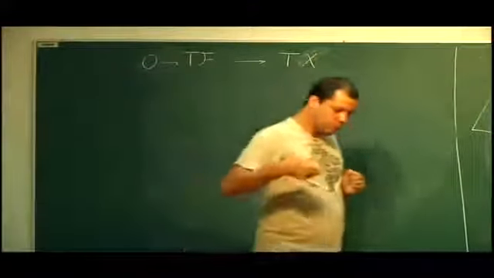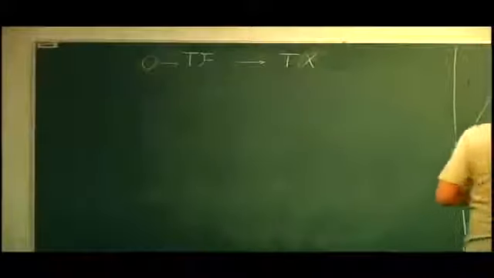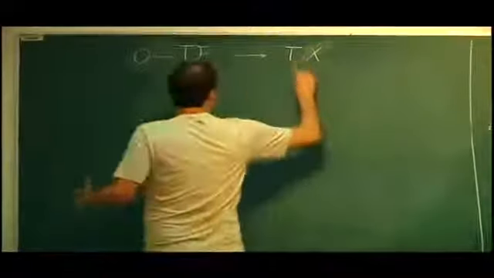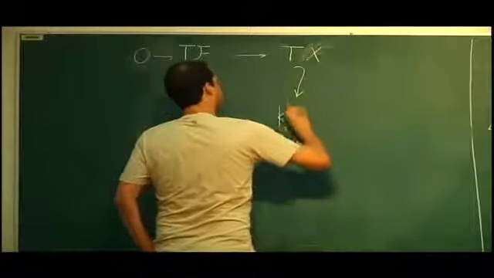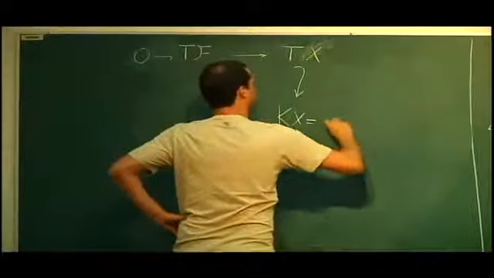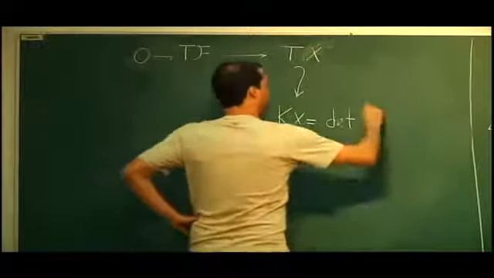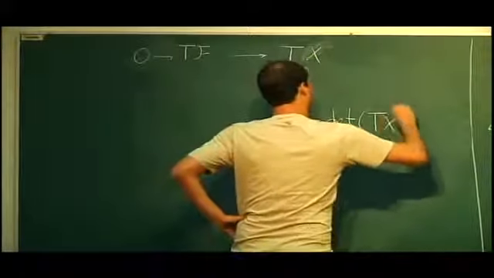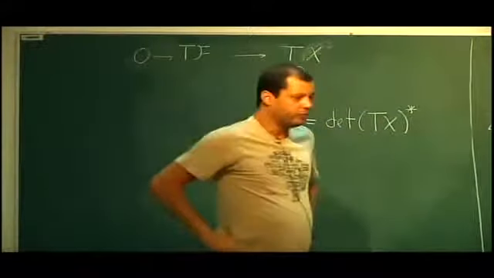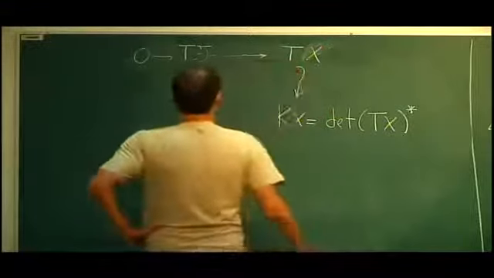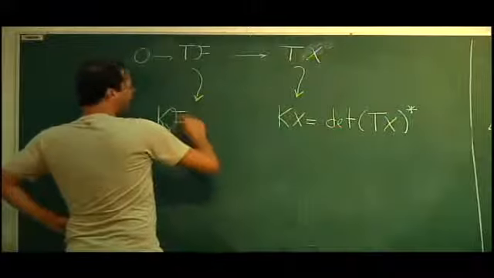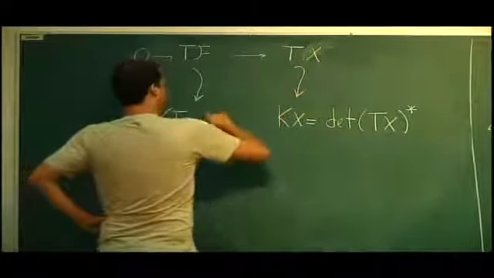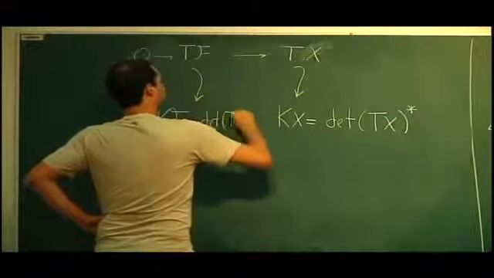When we do birational geometry, one of the most basic invariants that we look at is the canonical bundle of X, which is the determinant of Tx dual. We can do the same thing for foliations. Of course, we can just repeat and write down Kf for the determinant of Tf dual.